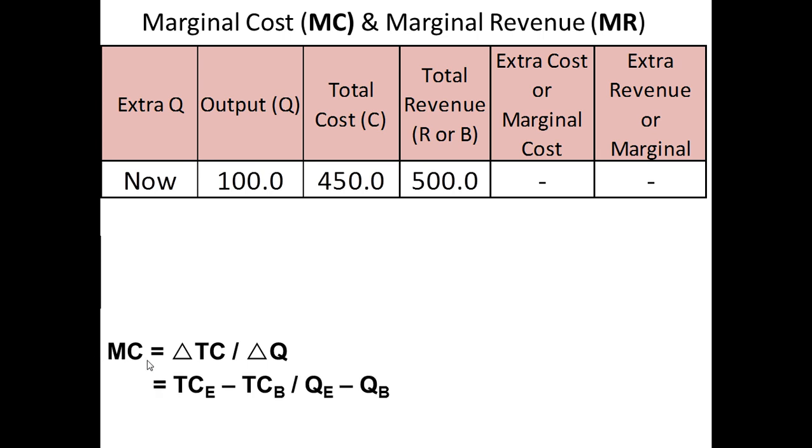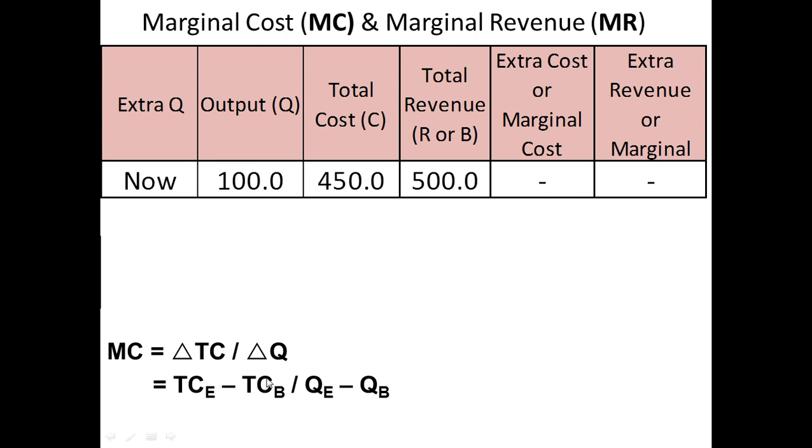So what does the change mean? The change in total cost equals total cost at ending, E stands for ending point, ending quantity, minus total cost at beginning point or beginning quantity. This is divided by the change in total output Q. To find the change, you need output at ending level, ending quantity, minus output at beginning level.